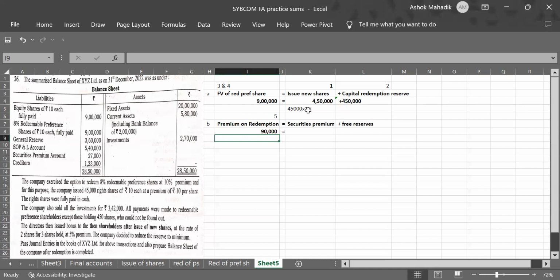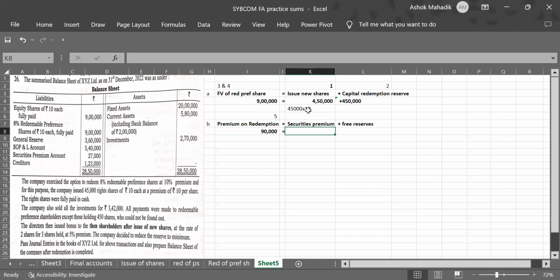One, on new shares, we are giving right shares to existing shareholders. Okay, on that we are collecting 10 rupees per share. That is almost 100% of face value. That is security premium. Okay, and when we are repaying the capital, preference capital, we are paying 10% extra to them. Only 10%. It is called premium on redemption. Clear?